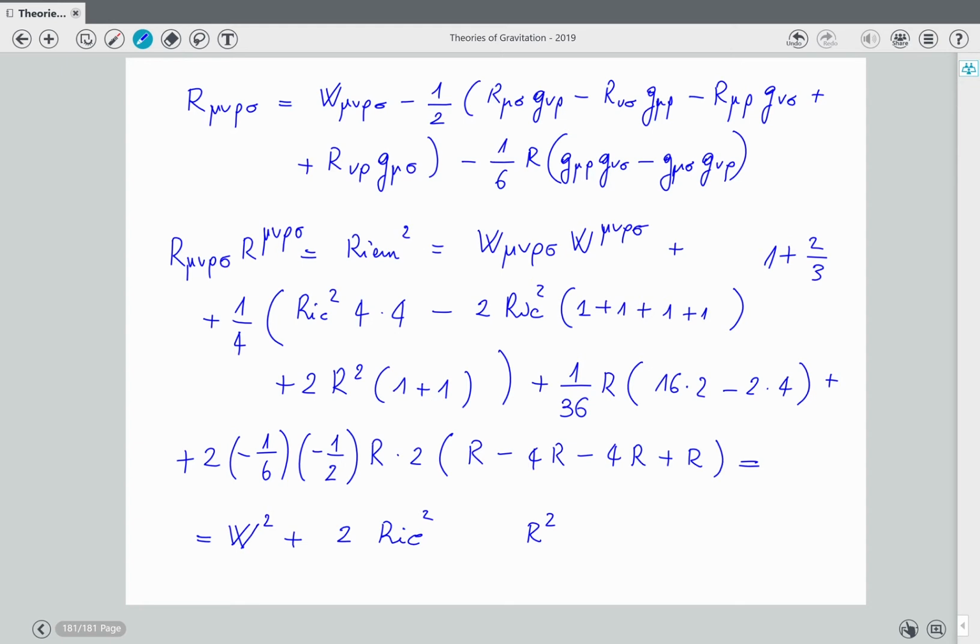And yes, then there is the last one. Okay, the last one is complicated, so let me write 1 plus 2/3. The last one. So there is a 2. Let me use another color. 2 goes away with 2 plus minus. Here we have minus 4, minus 4, minus 8.